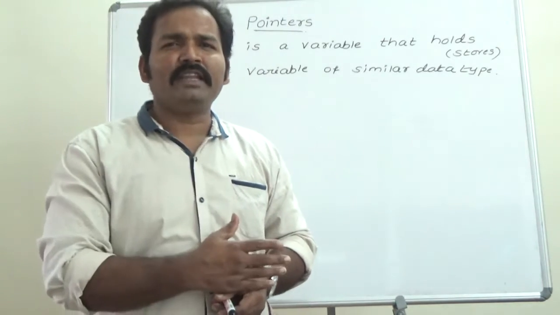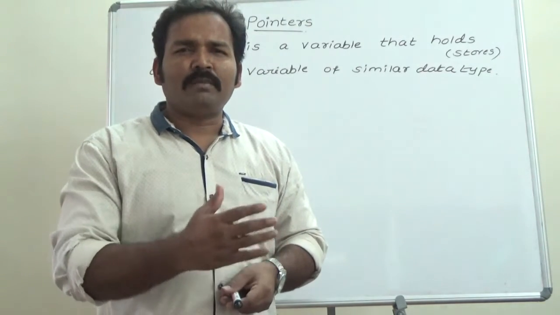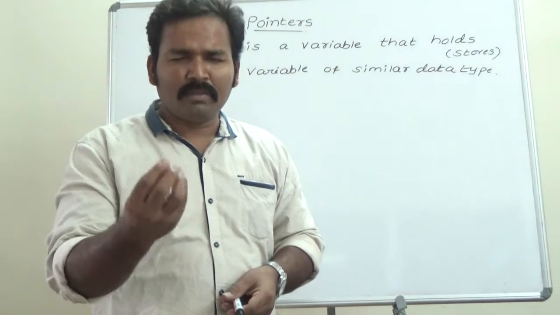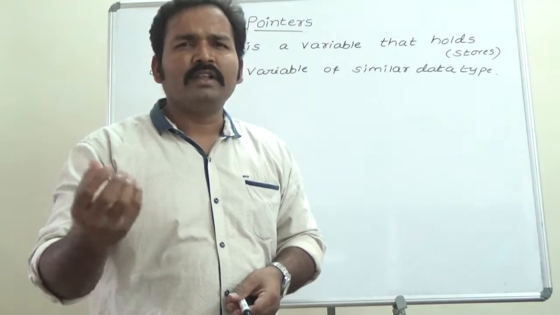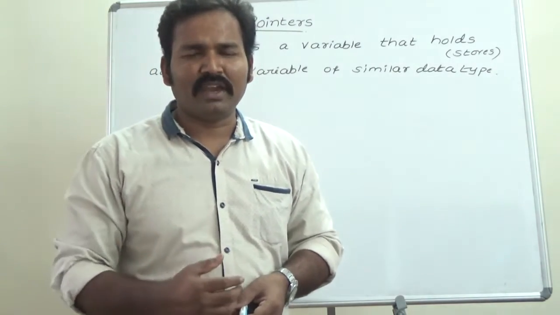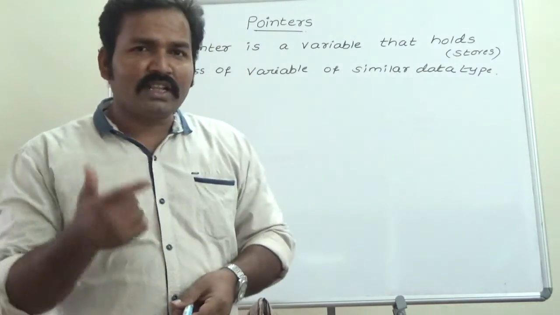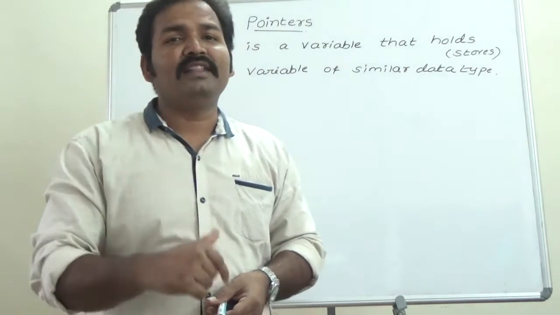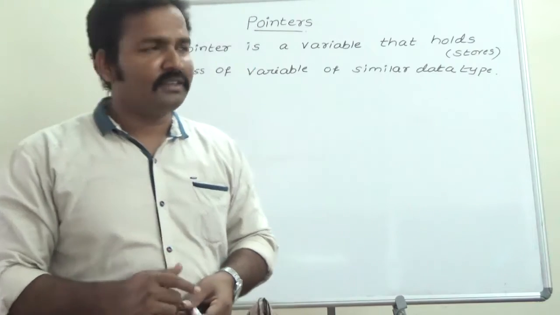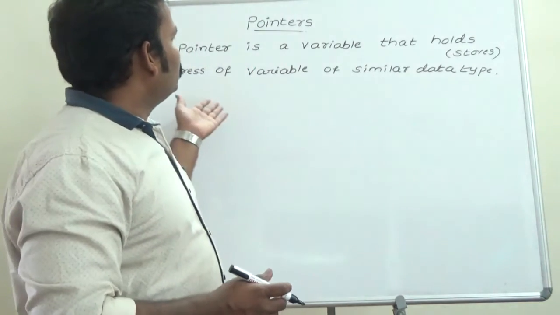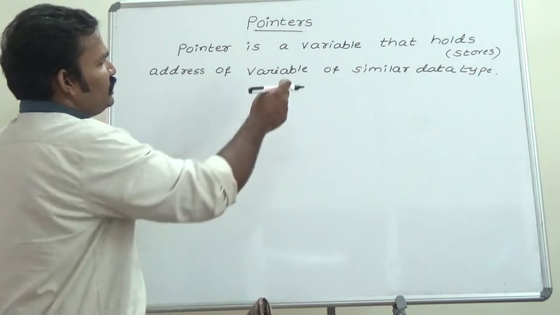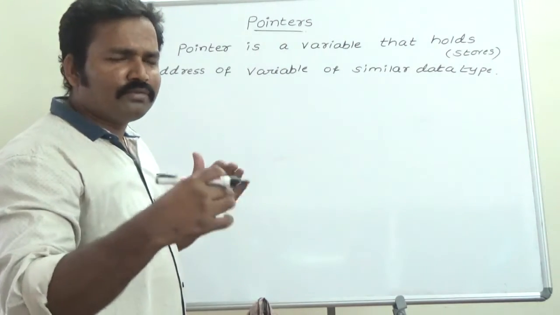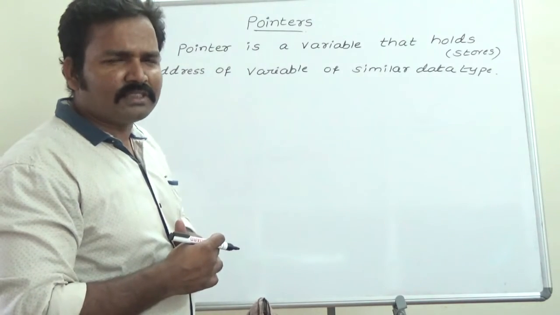So a normal variable is used to store a value. Here, a pointer is also a variable that holds the address of another variable.